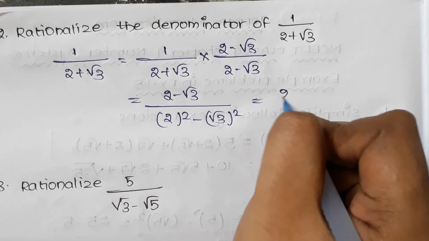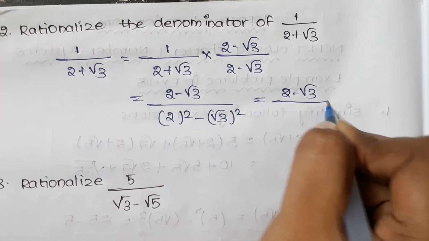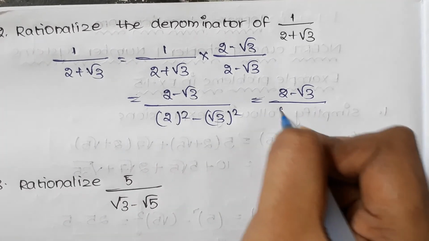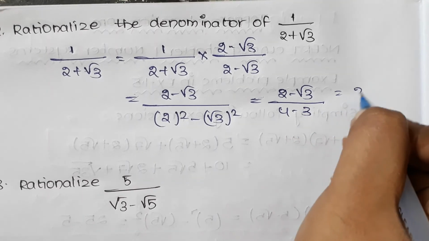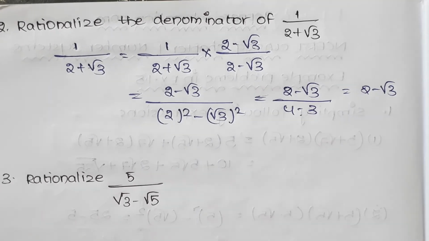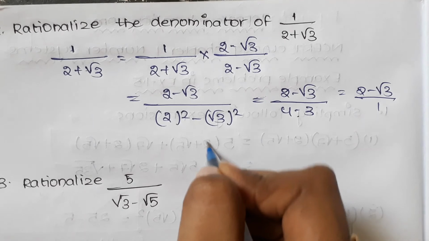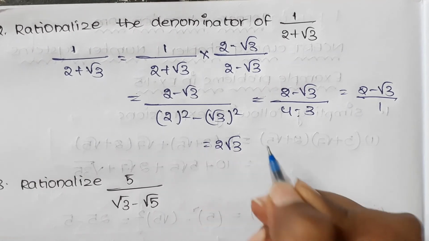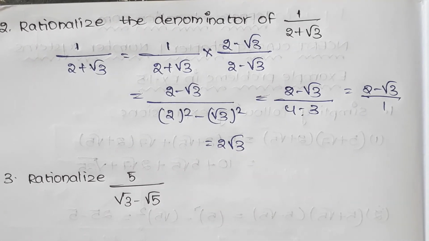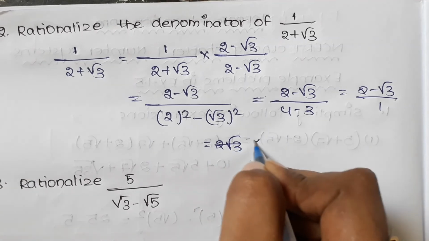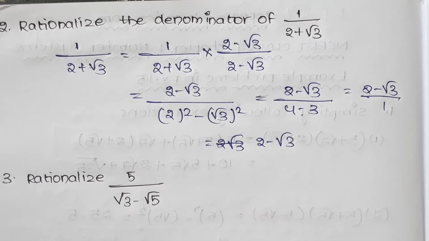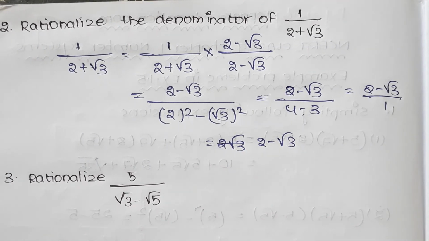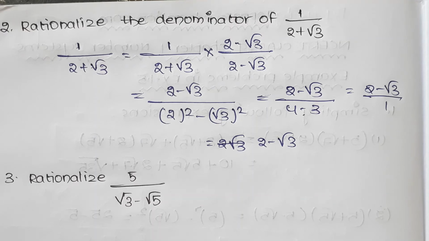That equals 2 minus root 3 divided by 4 minus 3, which equals 2 minus root 3 by 1. And the rationalization of 1 by 2 plus root 3 is 2 minus root 3.